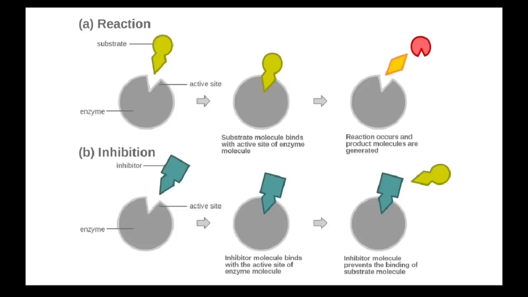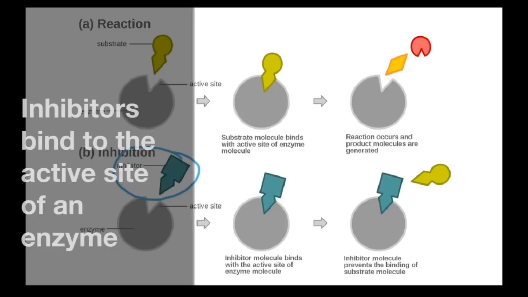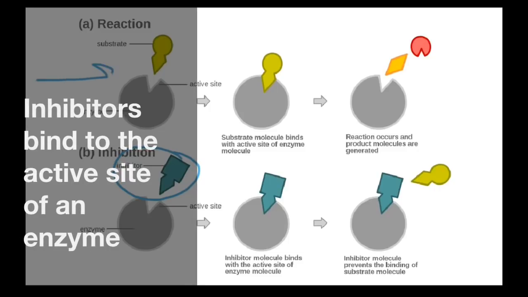Lastly, we have to talk about inhibitors. So earlier I said that only one specific molecule can bind to an enzyme. Now, that's true for the most part, but there are also these things called inhibitors right here that can fit to the enzyme but don't do anything. And so what these do is, this is what a reaction normally does.